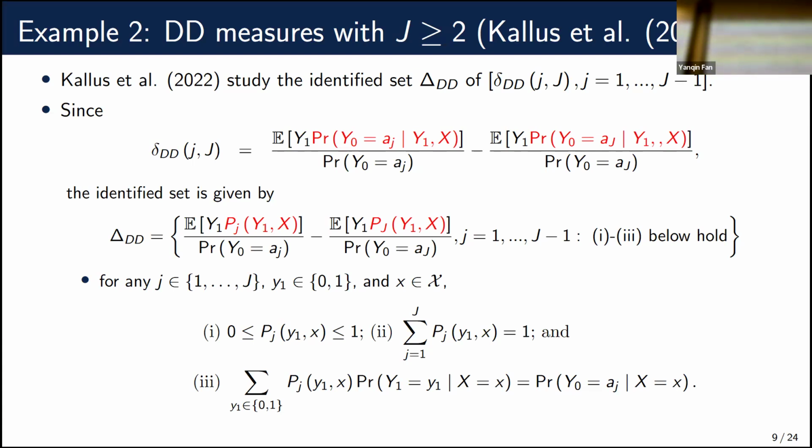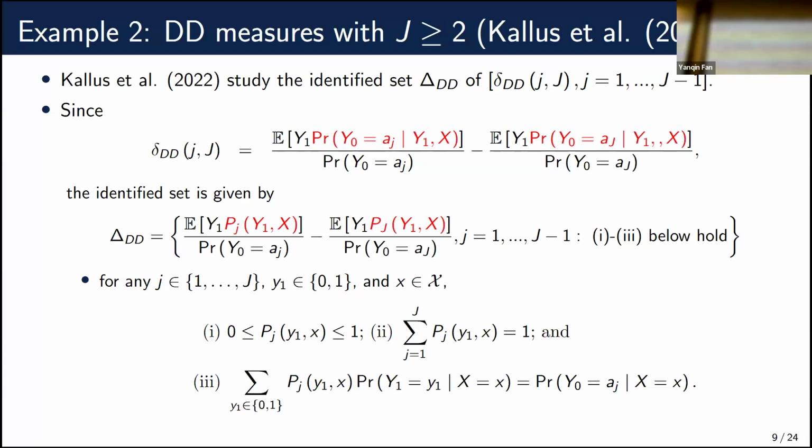And so we summarize it here. So this is the identified set. You replace the true conditional probability by any probability, and do the same thing here. But this conditional probability, remember, satisfies some conditions. It's a conditional probability, so it must be a probability, and it adds up to 1. Also remember we have sample information, so we can use the law of total probability.